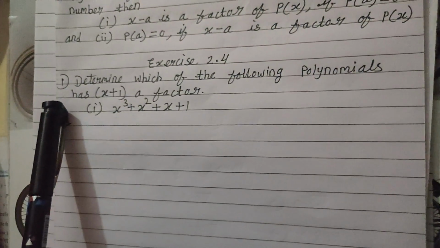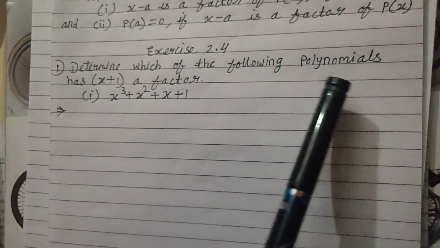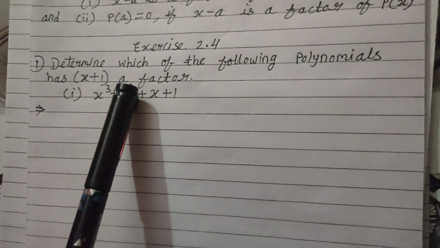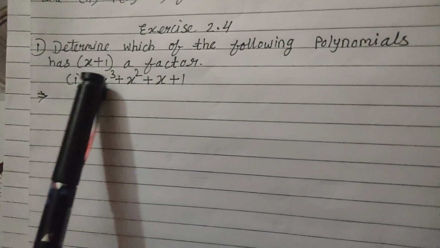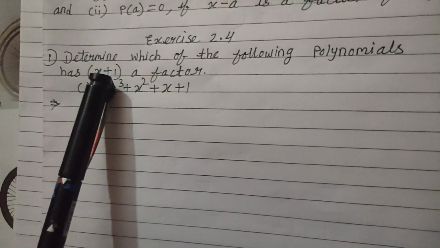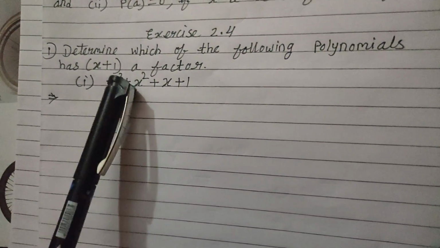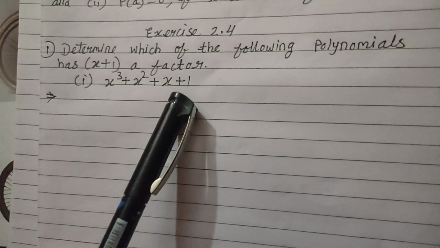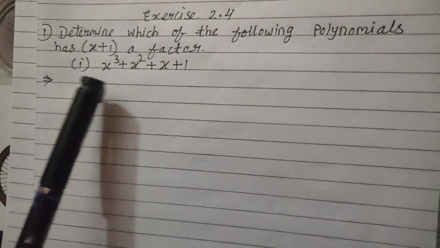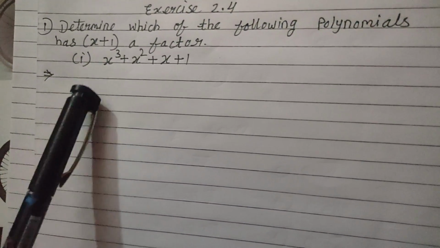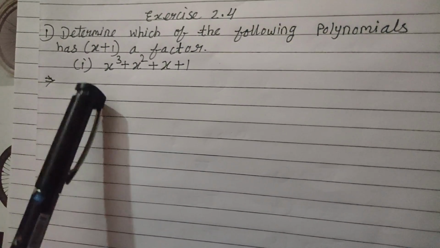Exercise 2.4, first question: determine which of the following polynomials has x plus 1 as a factor. Now what is x plus 1? It is a linear polynomial, the degree is 1. The first polynomial given is x cube plus x square plus x plus 1. First you have to find the x value, same as we did in the remainder theorem.